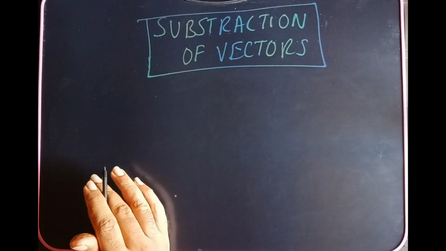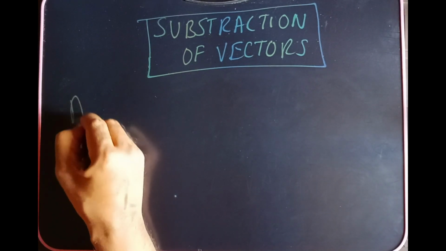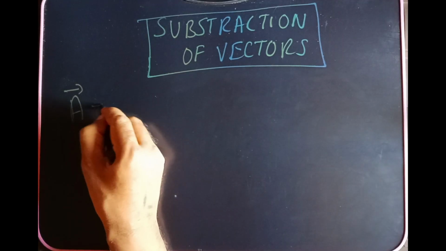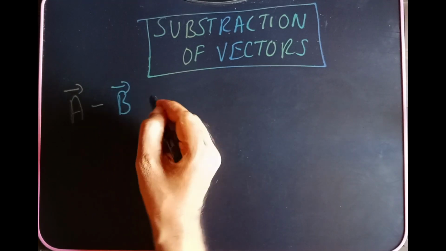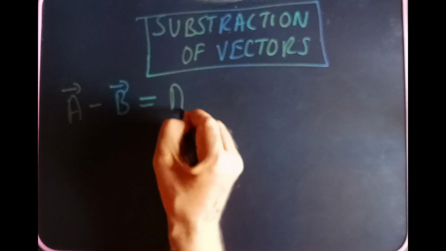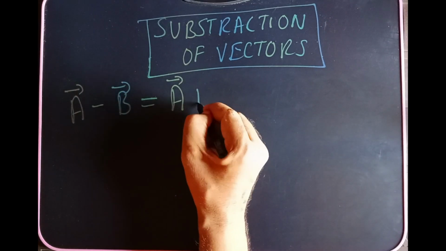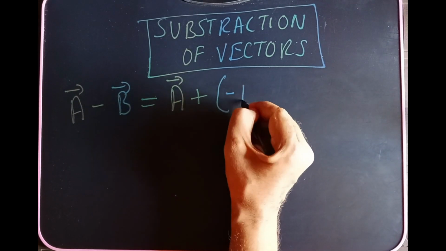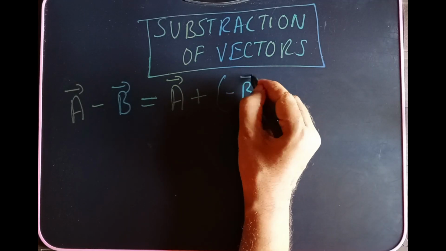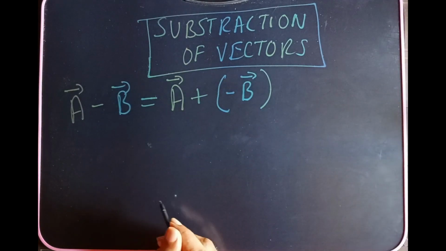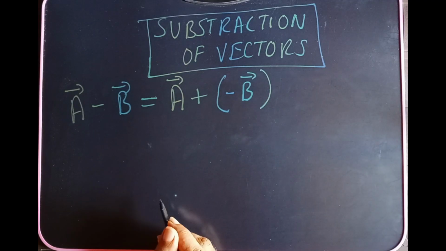Subtraction of vector, if I have to write A vector minus B vector, is nothing but the addition of the negative of the B vector, right? The addition of the negative of the B vector.